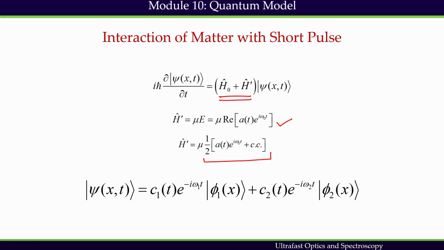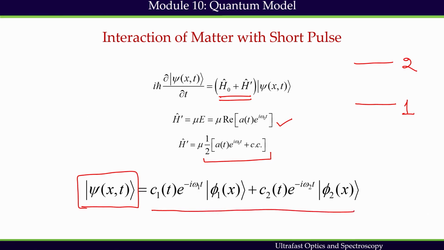And we see that if we consider the total wave function, we have a situation where this is the first state and this is the second state, and when we create a state by excitation with a pulse, we are creating a superposition of two states. Basically, our bandwidth is such that it is exciting both states simultaneously.